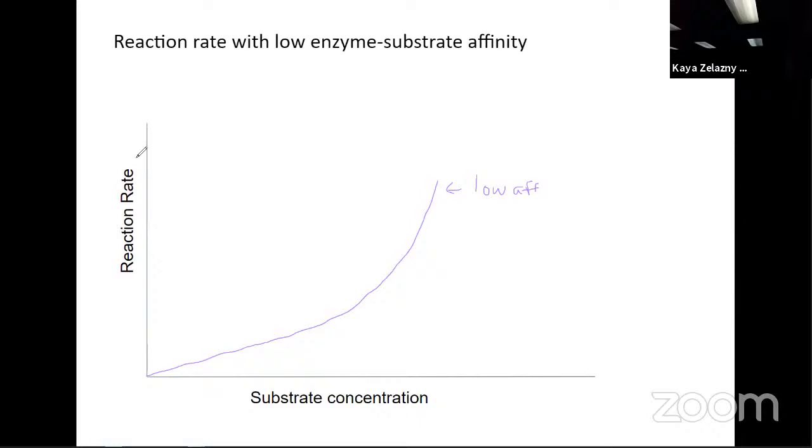Is it going to be easier to make that party happen or harder if they really, really like each other? Easier. Yeah, it's going to be easier, right? So if we have high affinity, our line's going to be above. You don't need as much substrate in order to make that reaction happen. These two things like each other, we get more product, we produce more results, more effect.